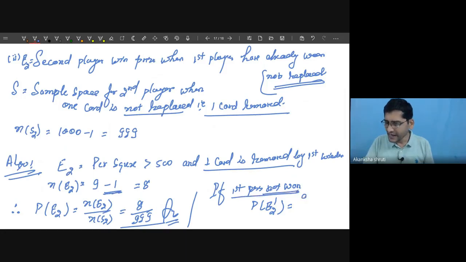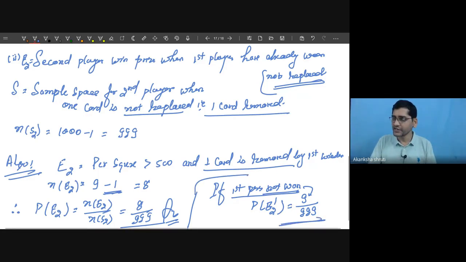So the favorable outcome is 9, but the cards available are 999, because once the card is drawn, it is not replaced. Though this is not in the question here, it may be asked like this in NTSE, and in many conditions it is asked. So this was all about it.